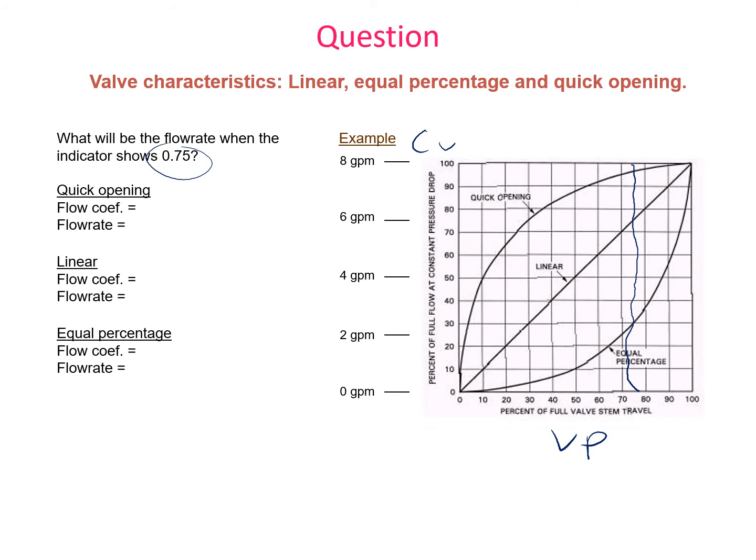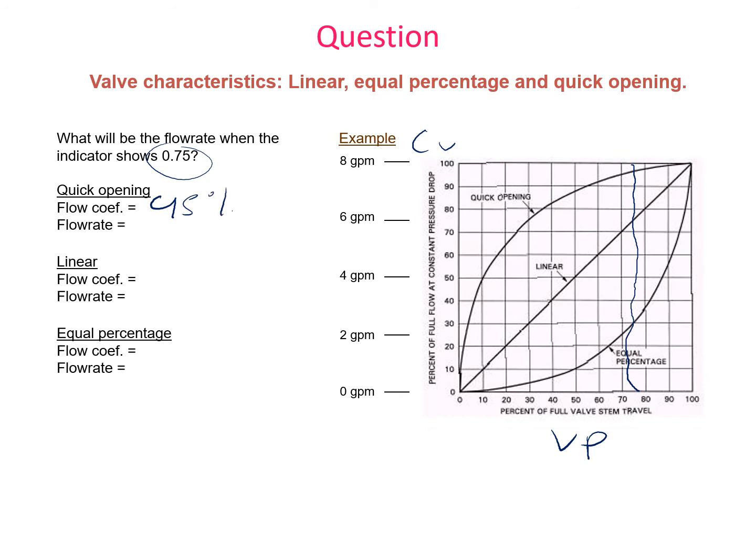For quick opening, the value of 75% gives the flow coefficient, CV, of around 95%.